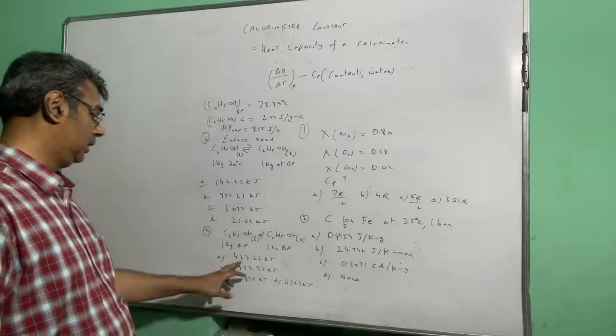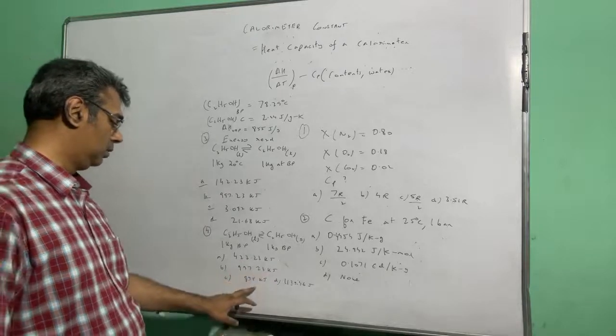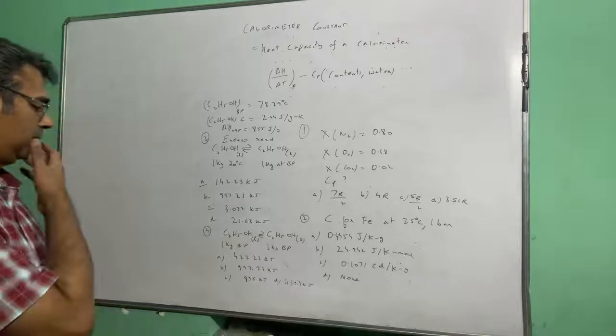What is the heat energy required? Options are 422.23 kilojoule, 997.23 kilojoule, 855 kilojoule, and 1139.46 kilojoule.